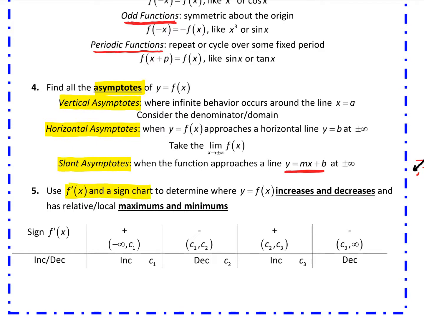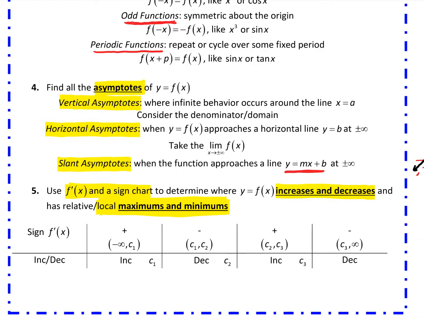So we take a first derivative sign chart to figure out where the function increases, decreases, and where it has local or relative maxes or mins. We've been working with this for the last couple of sections and continue to do this when we're graphing. Figure out the intervals on which the function is increasing, decreasing.